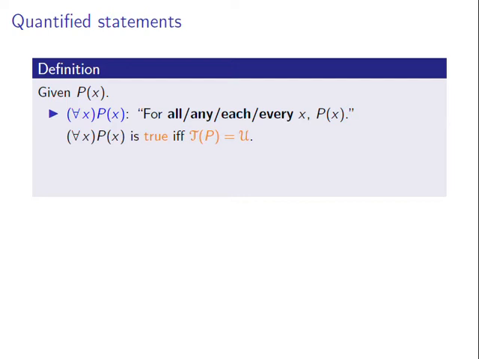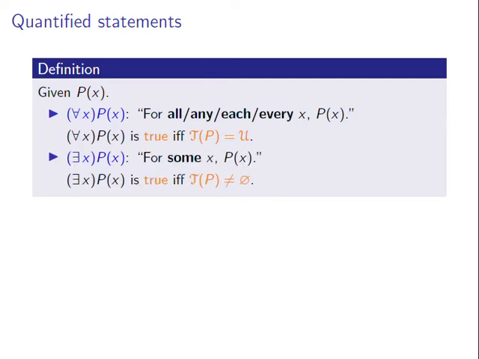This is true if and only if the truth set of P is the entire universal set U. Attaching the quantifier for some produces the proposition for some x, P of x. This is true if and only if the truth set of P is non-empty.